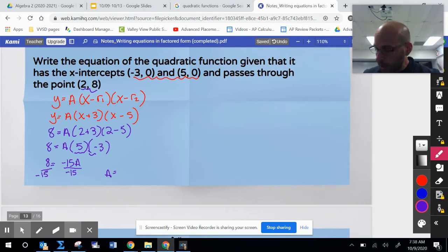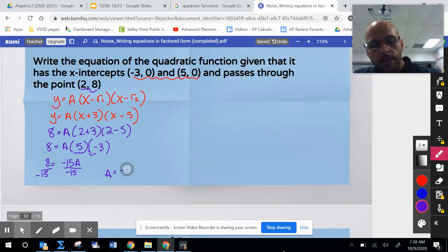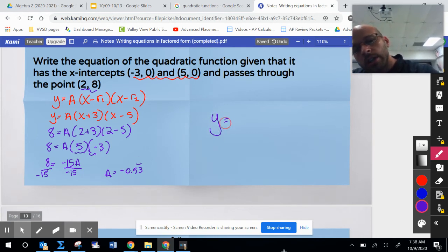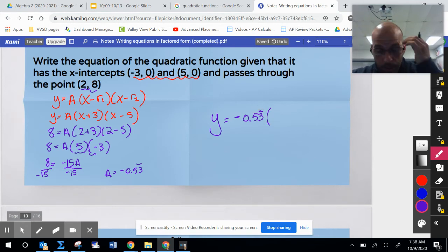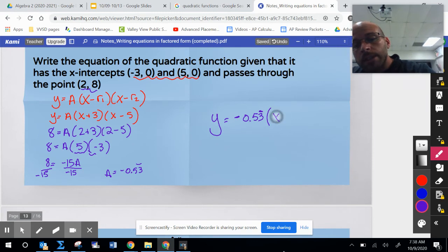I'm going to use my calculator. 8 divided by -15 is -0.53 repeating. Okay, so my equation is going to have that -0.53 repeating. If you didn't put the repeating bar, that's fine. I would not mark that wrong. And then I'm going to say x minus my first x-intercept, and because it's negative, we're going to make it +3, and then I have an x minus 5.